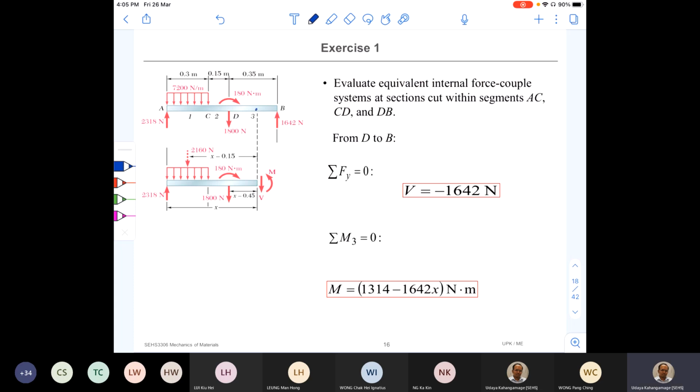Always I measure the distance from point A, right? So you can see I'm using X starting from A. So that way it is easy to construct our diagram. Okay, so now can you do this one by yourself? I'll give you a few minutes, complete this one. And if somebody has done it, write the equation for me.